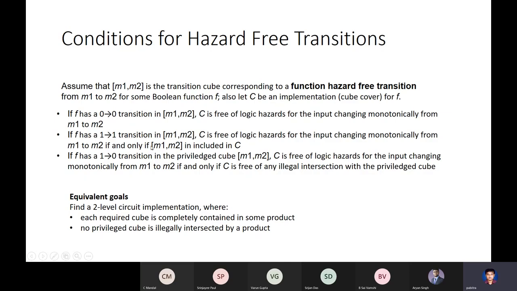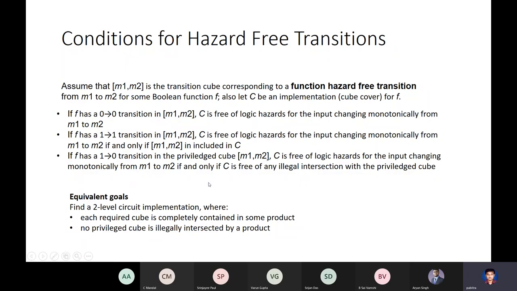For a 1-1 transition, if M1, M2 is included, then both these statics are taken care of this way. If you have a dynamic transition, we'll talk about the 0-1 transition later, then any realization cube C can be there in the realization if it is free of any illegal intersection with the privileged cube M1, M2.